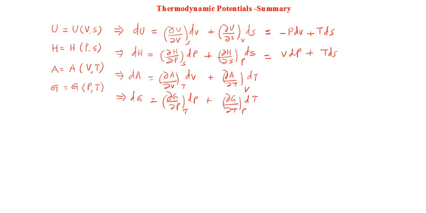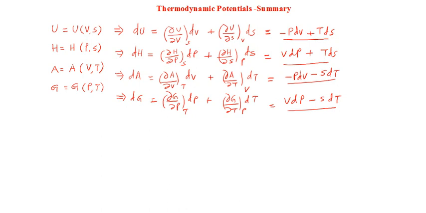Okay, this equation is equal to minus P dV minus S dT. This is equal to V dP minus S dT. And all these equations, dU equal to this one, dH equal to this one, dA equal to this one, and dG equal to this one, already we have written and identified.